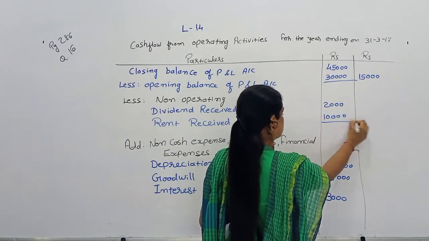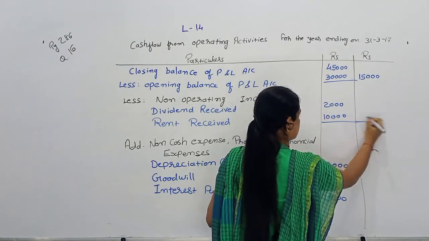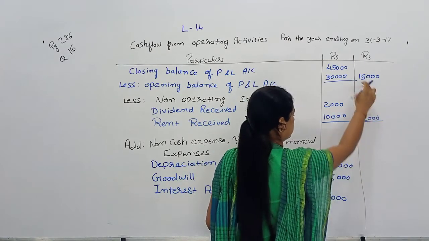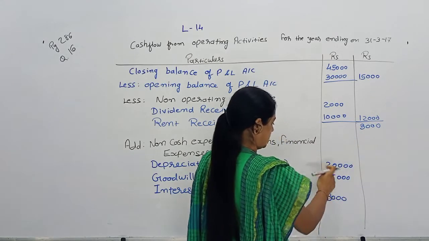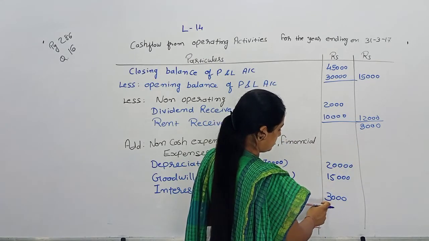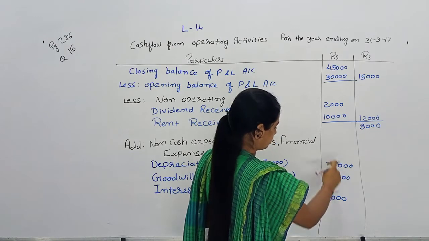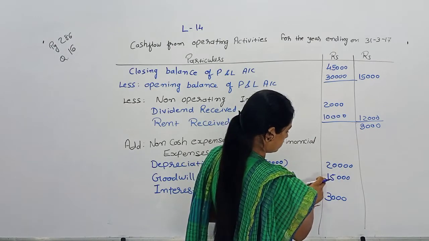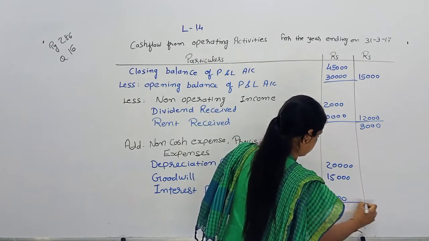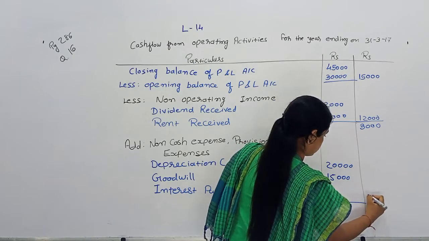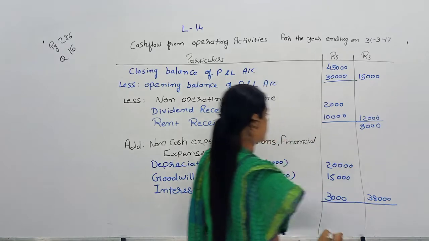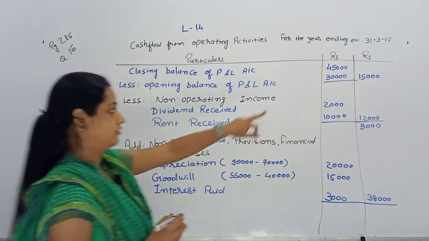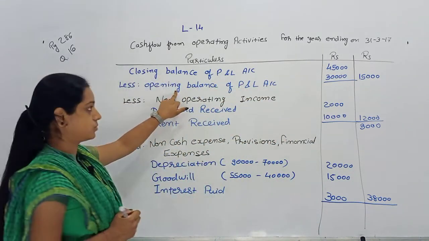So 10,000 plus 2,000, 12,000. 15,000 minus 12,000, answer is 3,000. Then 20,000 plus 15,000 plus 3,000. So 38,000. 15,000 was the answer of profit.